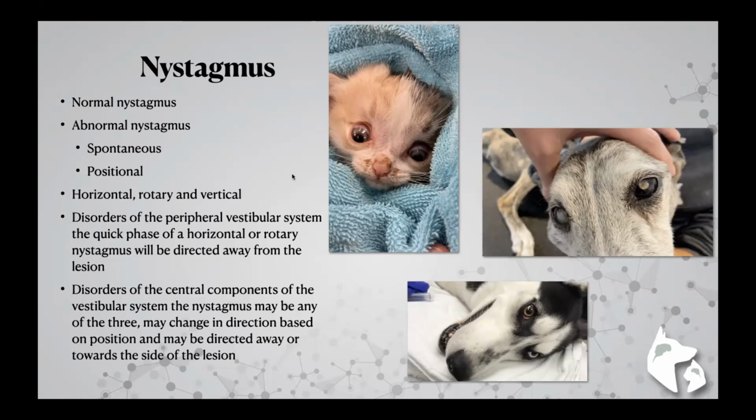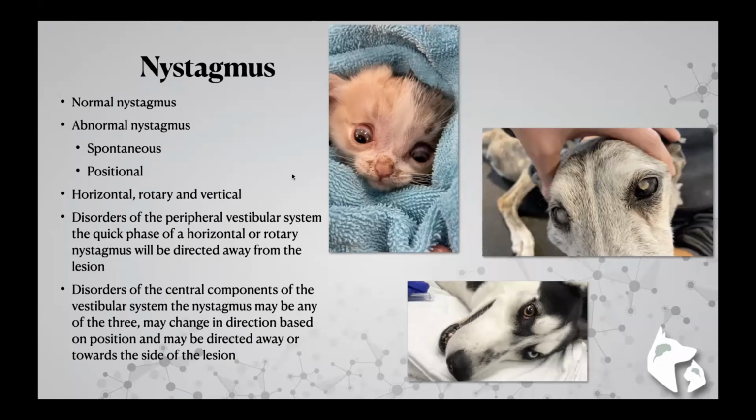A true vertical nystagmus will only be seen with central vestibular dysfunction, but it can be very difficult because a lot of times vertical nystagmus will have a rotary component to it, which can be peripheral. So I would never localize central just based on the nystagmus alone, unless it's changing.